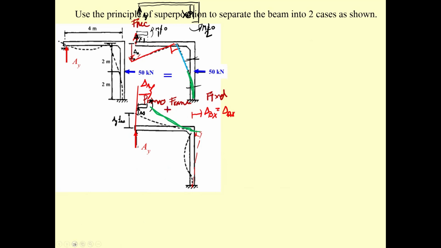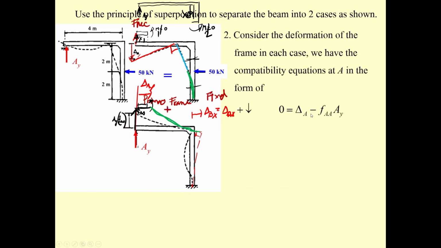And then what you are looking for is the vertical deflection over here. Since you set A sub y equal to 1, you will get this one, f sub A. And then you have unknown A sub y, so you can determine f sub A, since it is limited to 1 kilonewton force. Then, following the same discussion, we will have this one 0, this one delta A. Since downward is positive, this one is upward, so that's going to be negative.